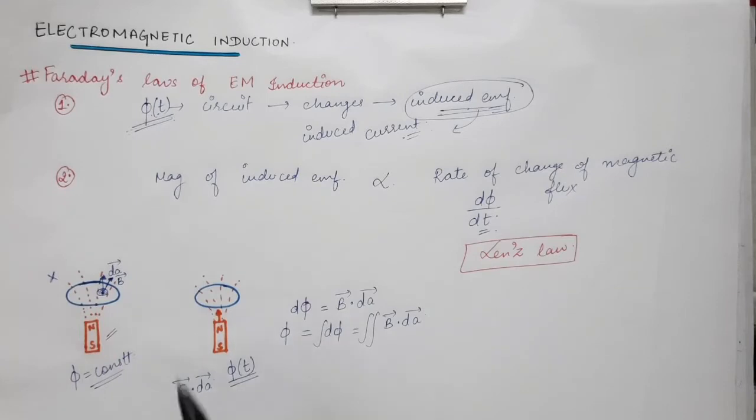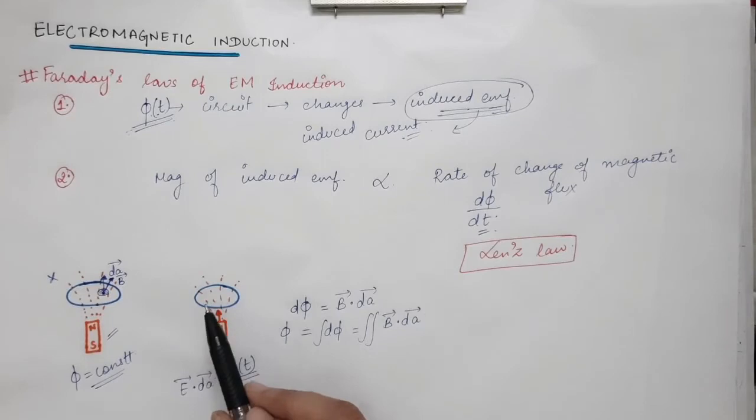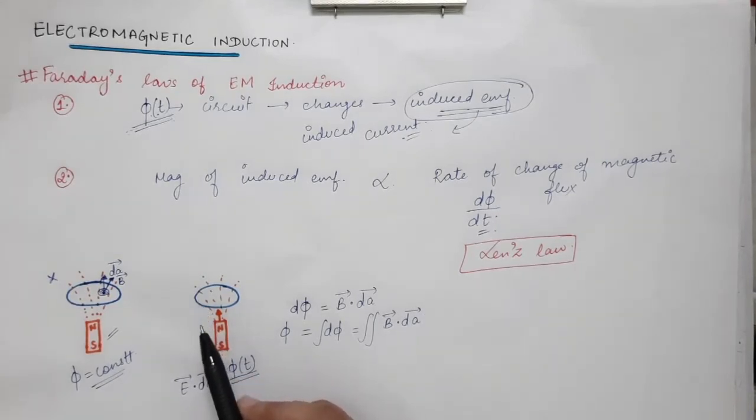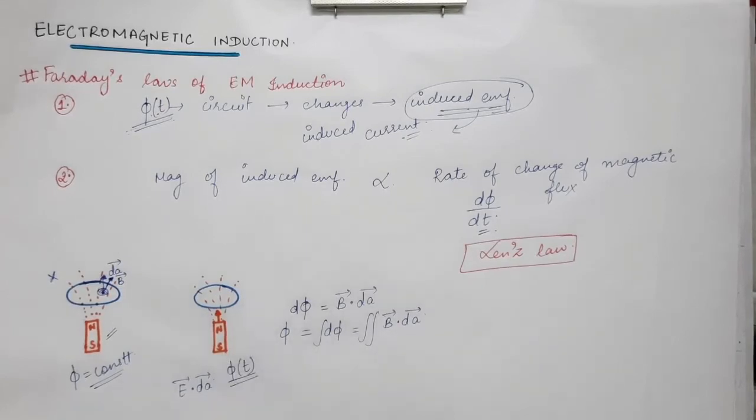So if the magnetic field lines linked with this circuit are increasing, so if you are moving this bar magnet towards this circular loop, it means the magnetic field lines are increasing with time. So induced current will flow in this circuit in such a way as to decrease the cause of its production, meaning to decrease the magnetic field lines linked with it.